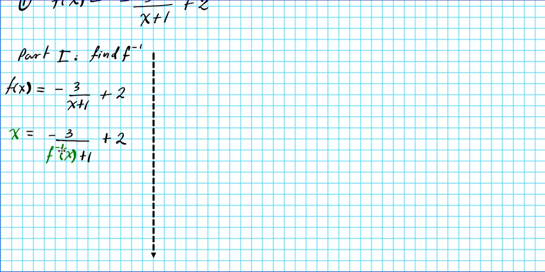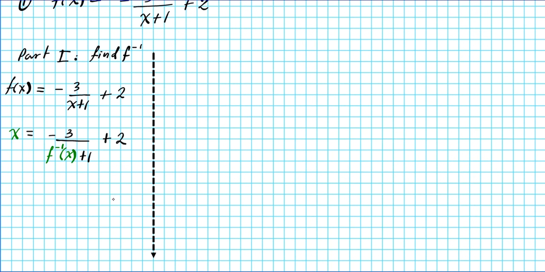Now the goal is to get f inverse of x isolated. This can be accomplished in 4 steps. We are going to first get rid of this 2, and then we'll reciprocate this rational expression to have the inverse function in the numerator. We'll get rid of -3 and then get rid of the +1 that is being added to f inverse of x.